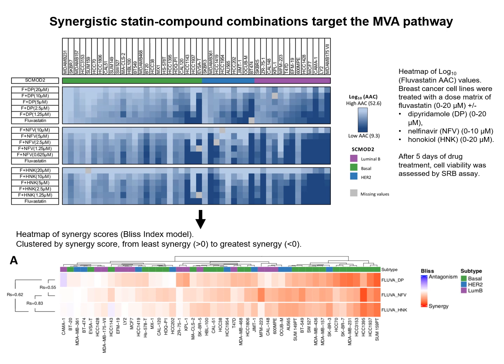So the compounds do potentiate statin activity. Using all of these findings, we were able to take it further and evaluate statin-compound synergy using a Bliss index model across the cell lines. That also shows basically the same trend in synergy that we see between fluvastatin and dipyridamole. We can also readily see it with fluvastatin and nelfinavir, and fluvastatin and honokiol.